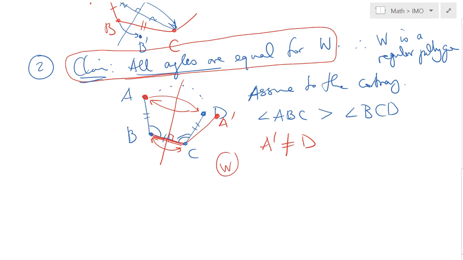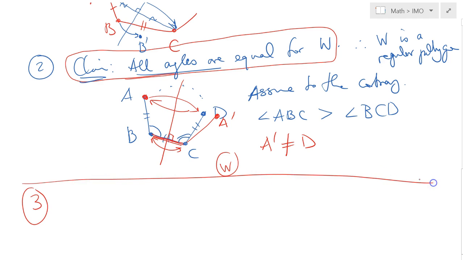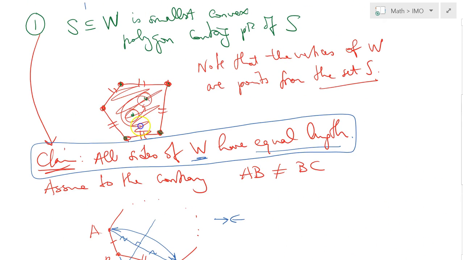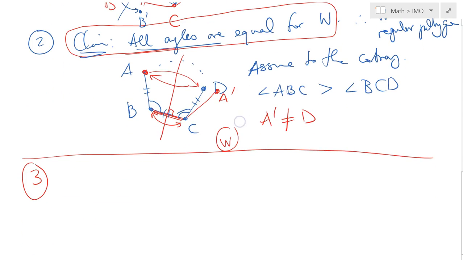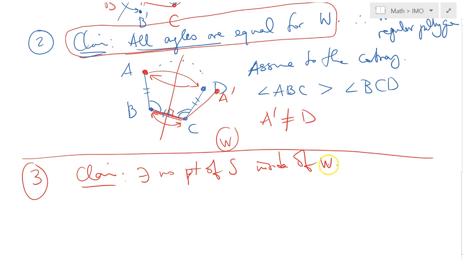Now, final step, step 3, show that there exist no points inside W. And claim there exists no point of S inside of W. So all the points of S are on the boundary of W. Again, let's assume to the contrary that there exists a point P. Let's write that down.